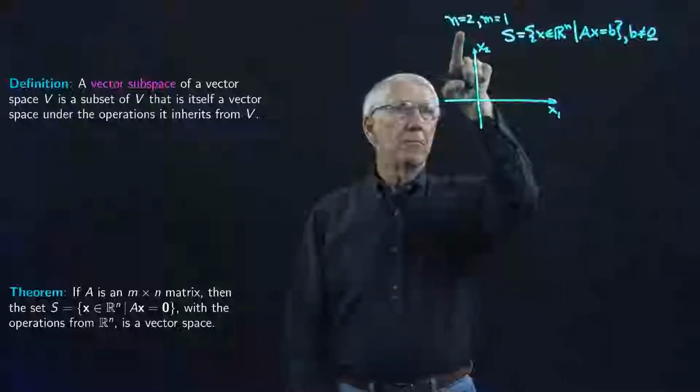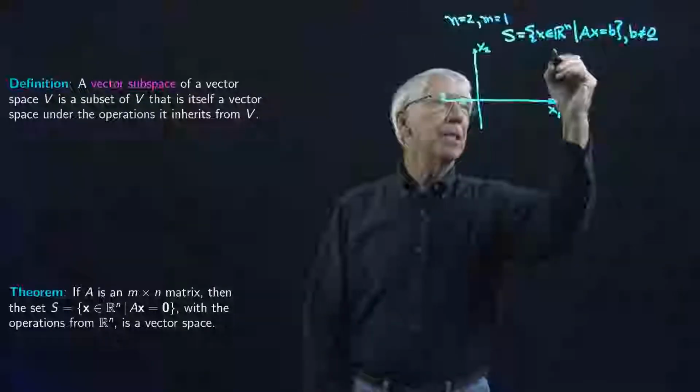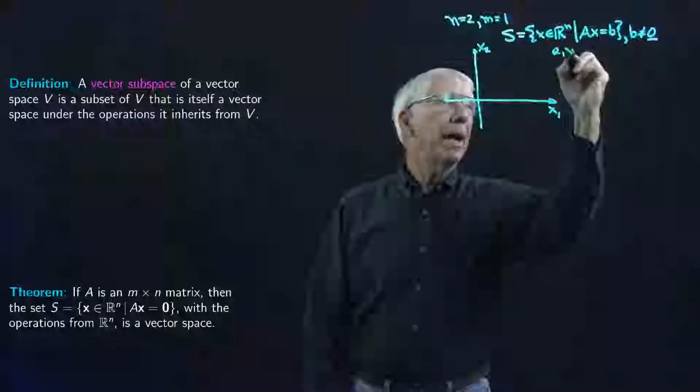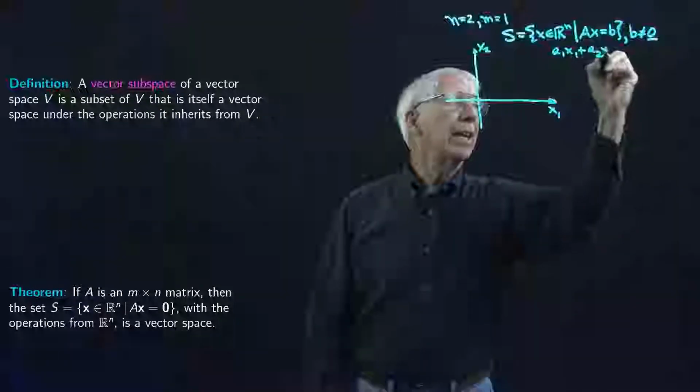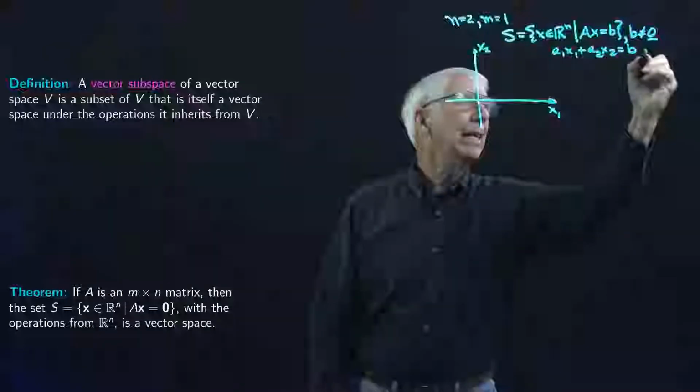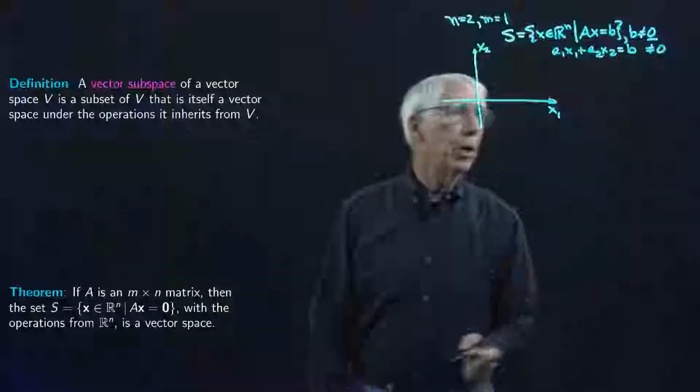So in this n equals 2, m equals 1 case, that says A1x1 plus A2x2 equals B, which is not 0.